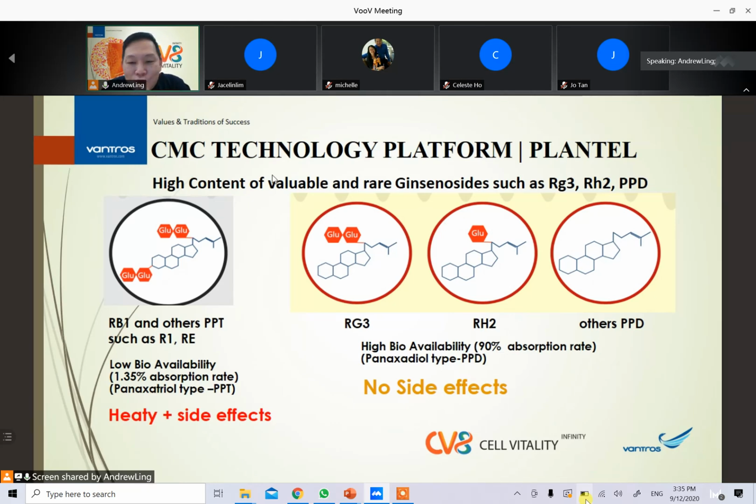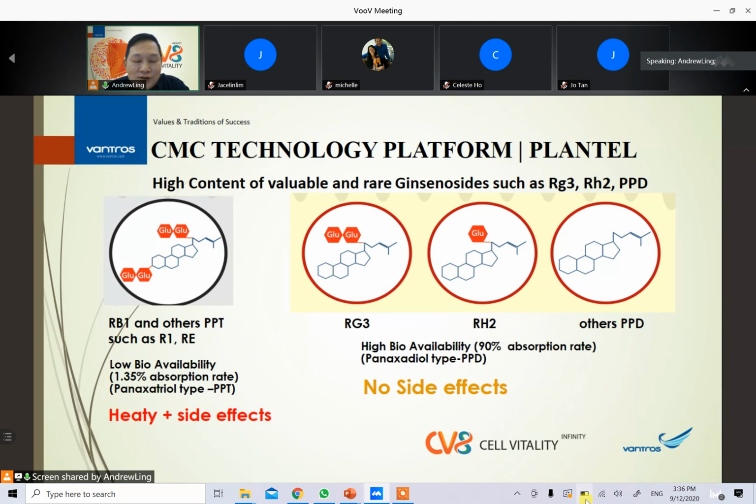What is left is all the valuable ginsenosides which have medicinal or healing properties such as anti-cancer. That is why CV8 contains a lot of these rare ginsenosides, which you can enjoy.